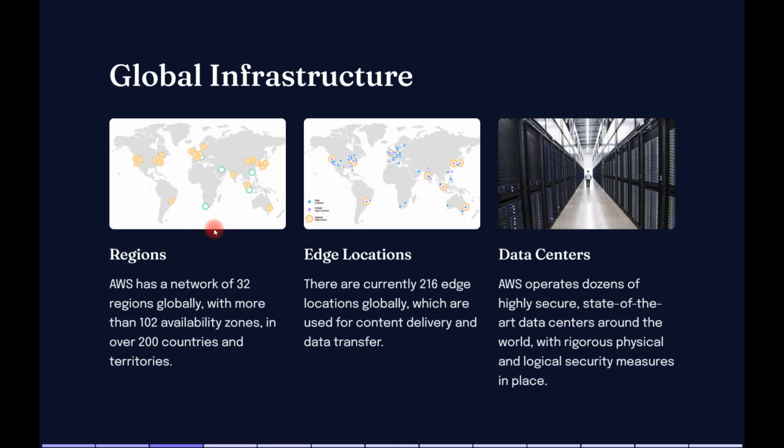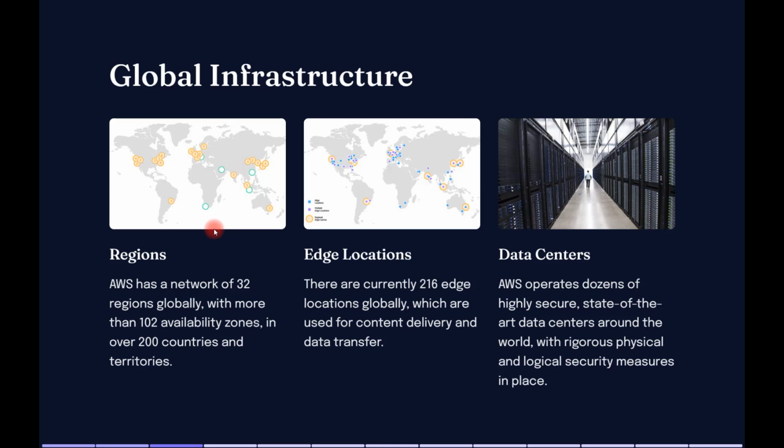Availability zones within a region are physically separate and isolated from each other, and a minimum of three availability zones are available within a region. This question you can get in your certification exams as well, so it's needed to understand that a minimum of three availability zones are available in a region in AWS.